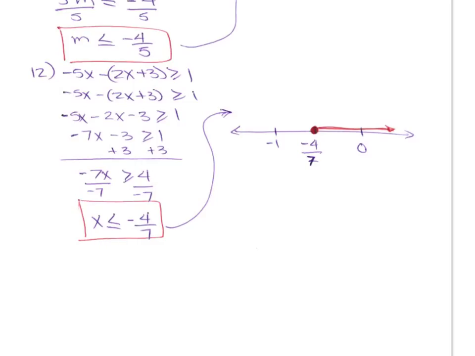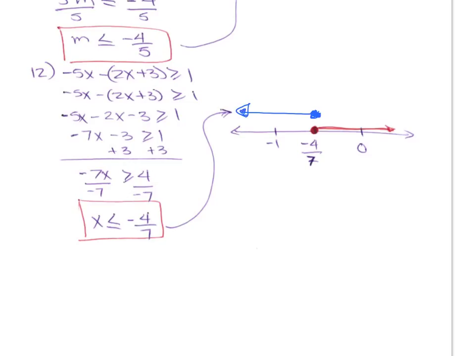Now because we're looking at x is less than or equal to negative 4 over 7, there's a typo right here. The solution to this one would actually have to be going the other way. So the solution should be going this way.